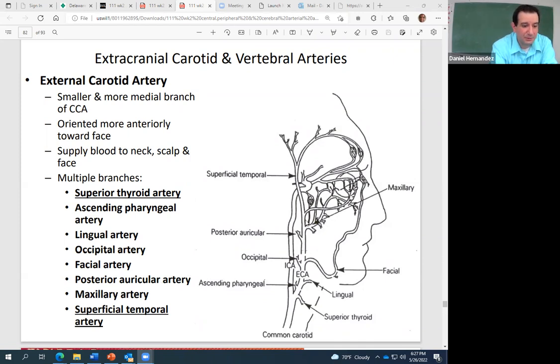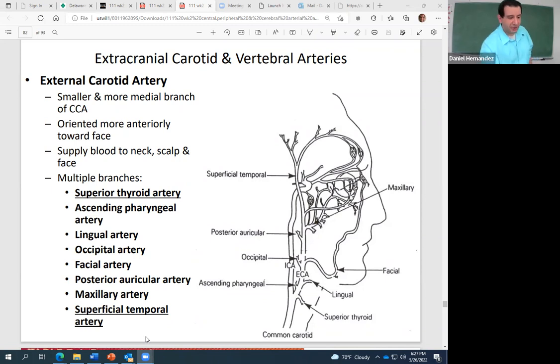So auricular, think of it kind of like behind the ear, the auricle, the maxillary artery, and then this superficial temporal artery, which is located up here on the temple. The reason these two are highlighted is because we can use these to help properly identify the external carotid artery.